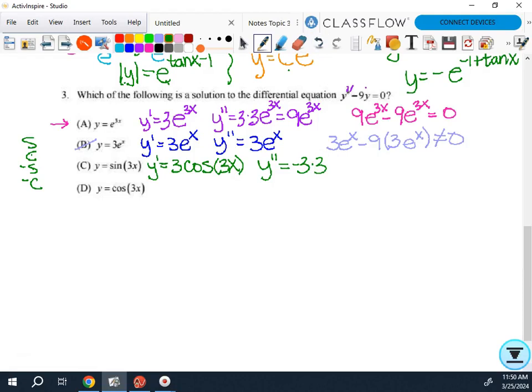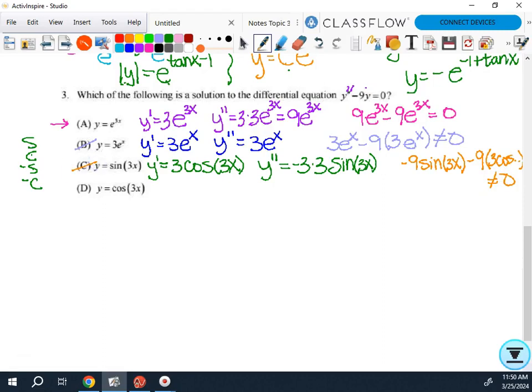So negative 3 times 3 sine of 3x, which is just negative 9, but I'm not even going to bother fixing that right now because when I do y double prime, which would be negative 9 sine of 3x minus 9 times 3 cosine of 3x, I ran out of room, that does not equal 0. So that is not my answer choice.